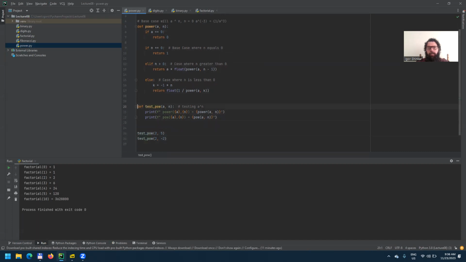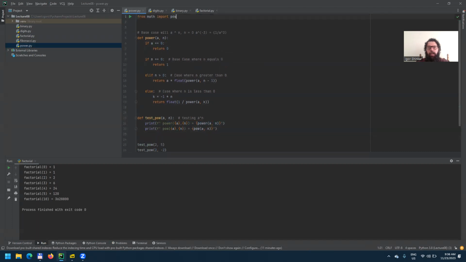I'll have a function called test power that first runs my function called power, this one, and then it will also run the pow function, this is from the math library, and we'll compare the results.